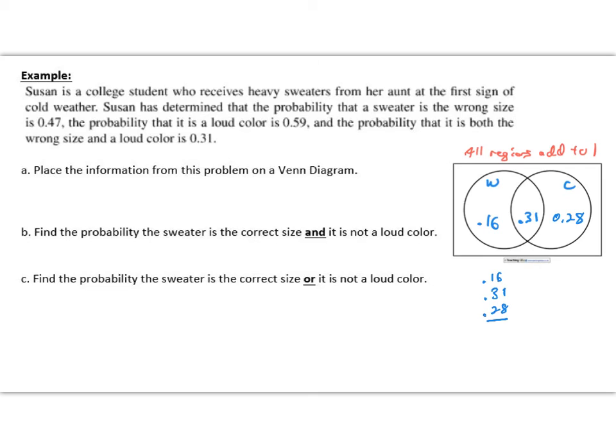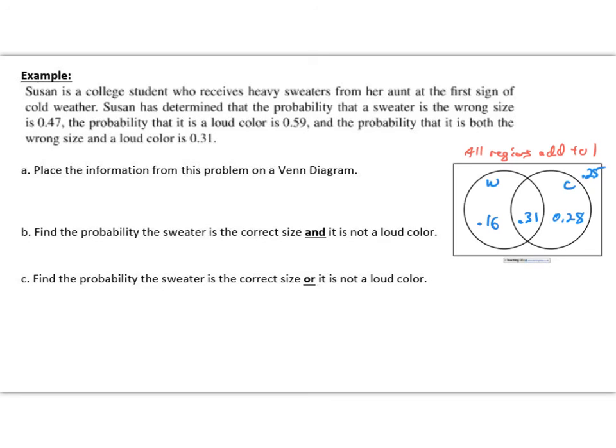Let's see, that's 0.75 if my math is correct. So 0.25 is on the outside. All right, now that we've got all those ironed out and we know exactly how much probability is at work here, we can start answering these questions.